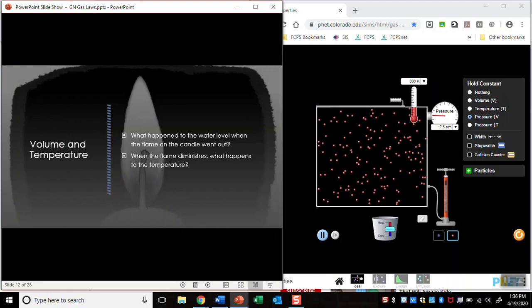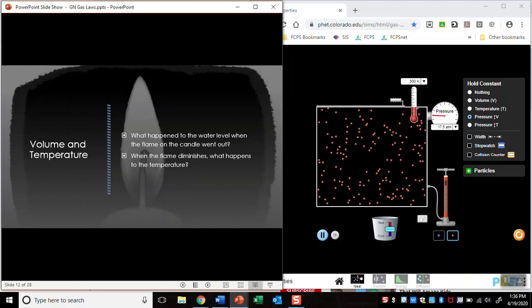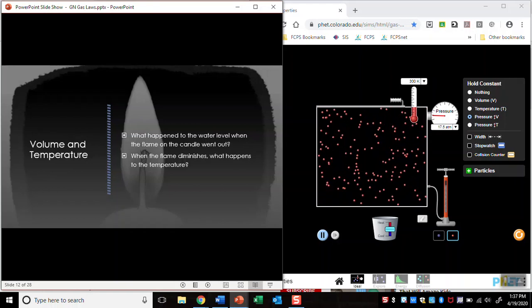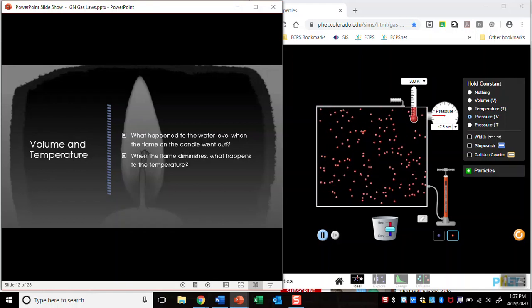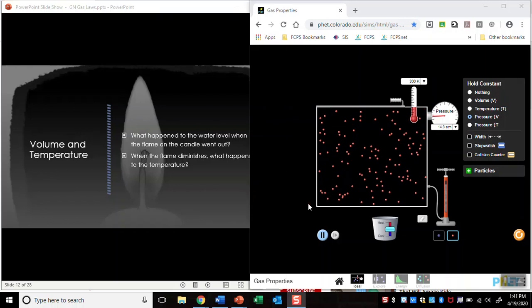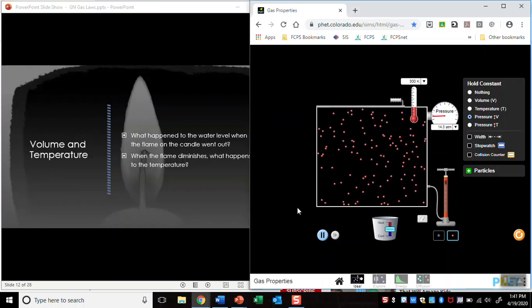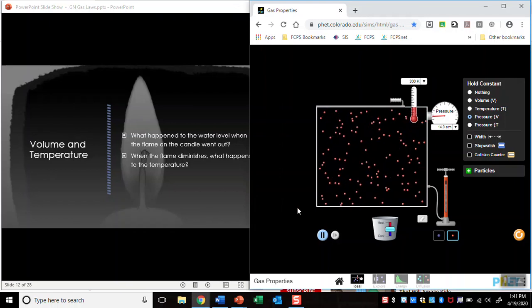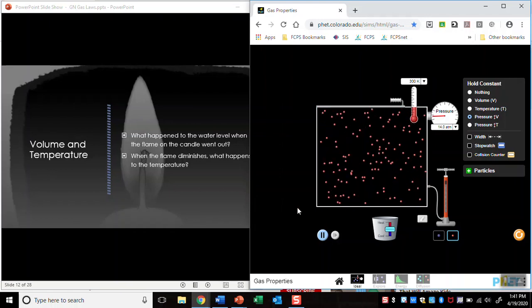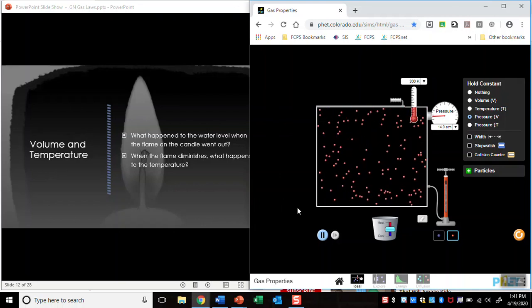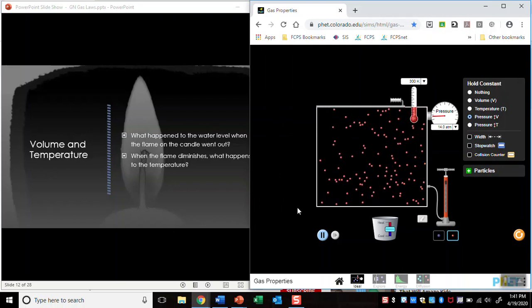Remember when we were in class, what do we need in order to make a fire? You can think about the combustion reaction. You need oxygen, right? In this case, we're talking about oxygen gas. So when we created that space inside the beaker, all that oxygen gas was trying to take up more space.